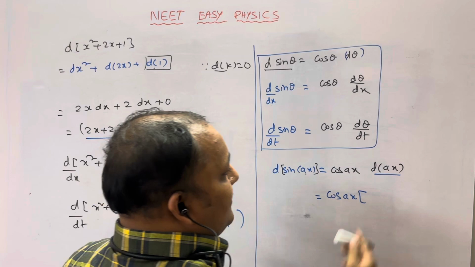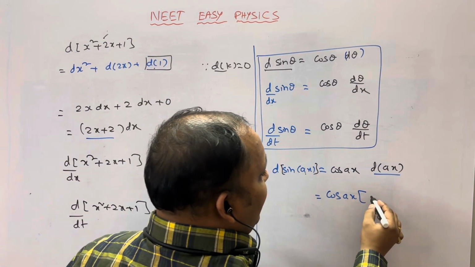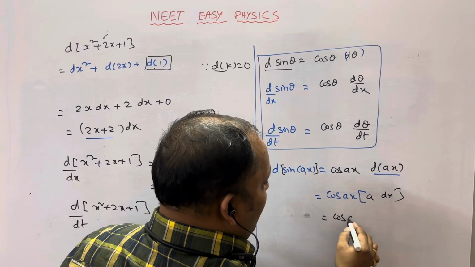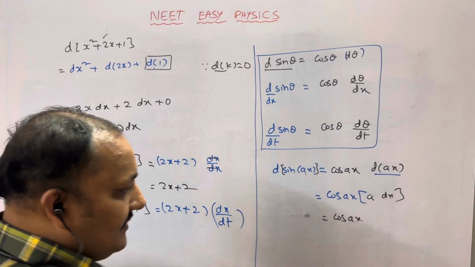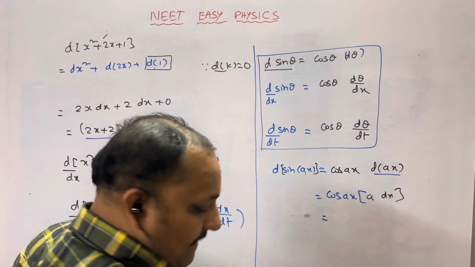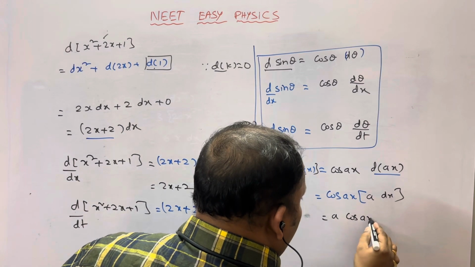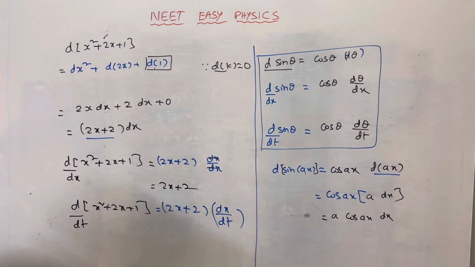Here a is constant; in place of a, 2 was there. So the derivative of ax is a dx. So cos ax, you can write this a on this side: a cos ax dx. That is the derivative of sine ax.